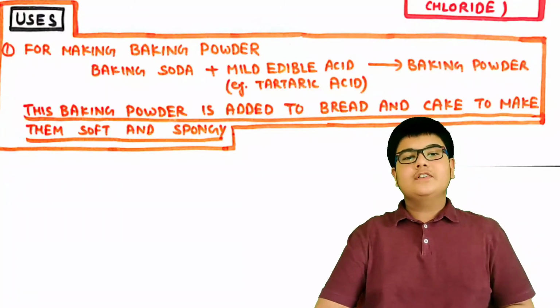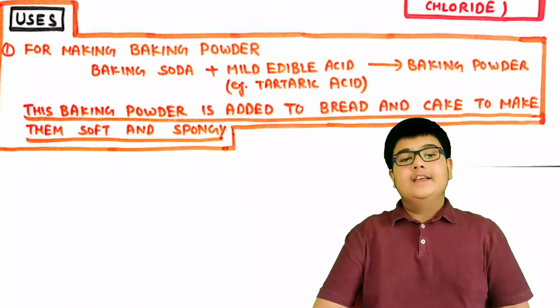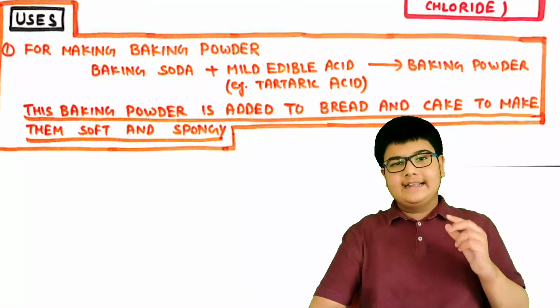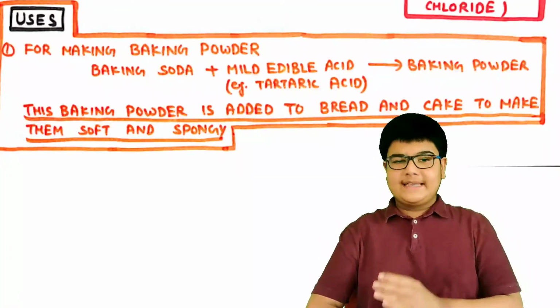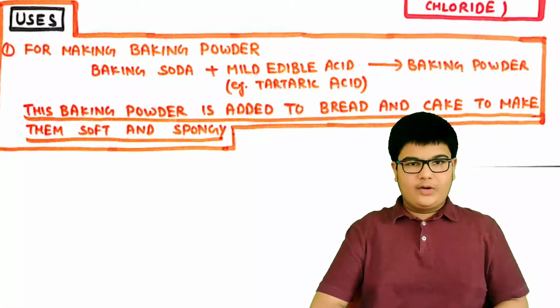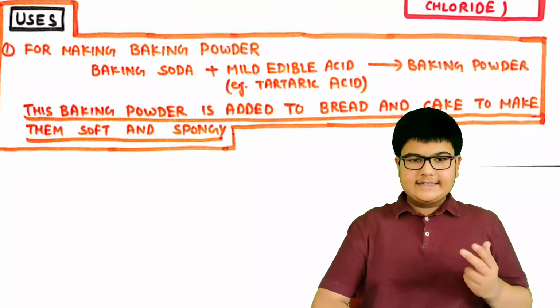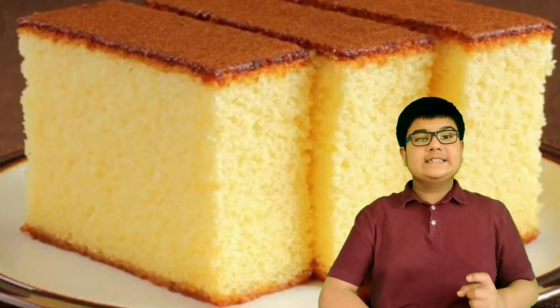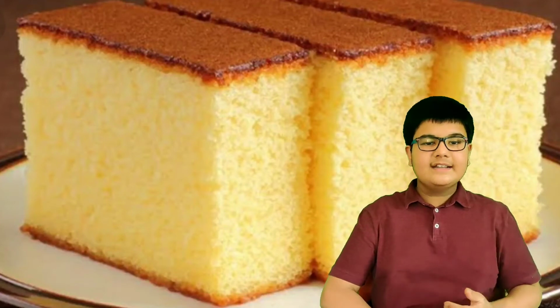First, it is used to make baking powder. So baking soda plus any mild edible acid such as tartaric acid gives us baking powder. Now this baking powder is very useful. It is added to bread and cake to make them soft and spongy. Now how is it done?